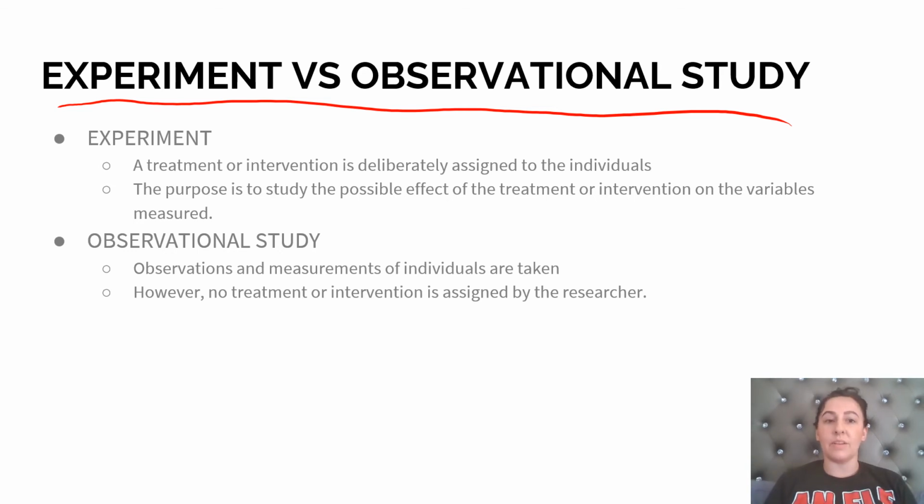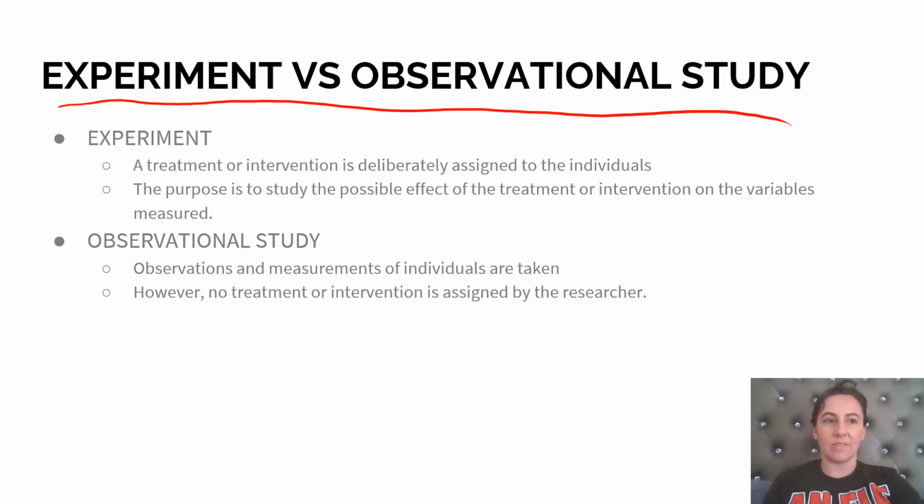Basically, the researcher is just going to take measurements or observe the individuals, and they're not asked to do anything different. Just go about your day as normal, and nothing different. The researcher will observe or take measurements.